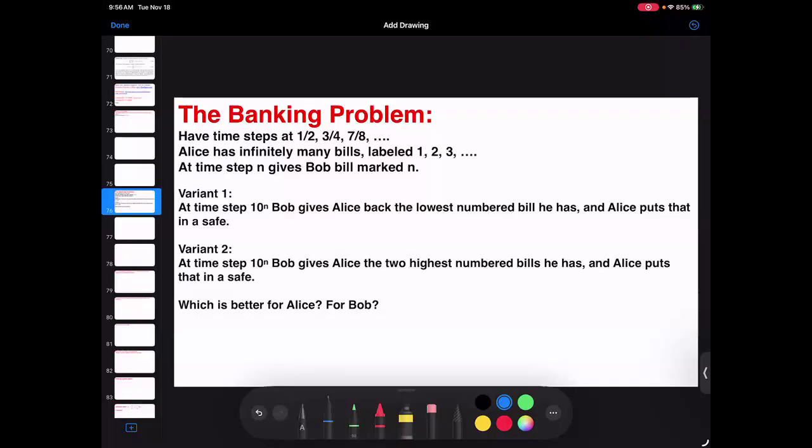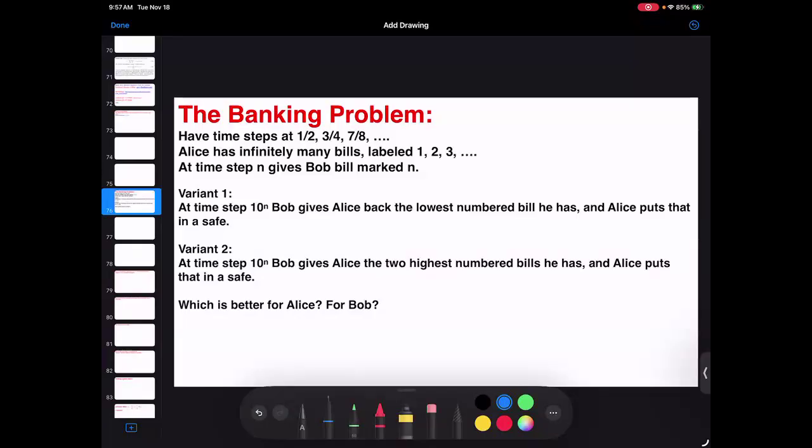Because every time we do a transaction, in the first variant, Bob gives Alice back the lowest bill. In the second, Bob gives Alice back his two highest bills. So that's for each time step. Right? So doesn't it seem like it would be better for Bob to do variant one and just give back the lowest?